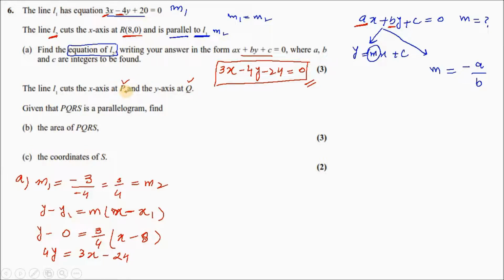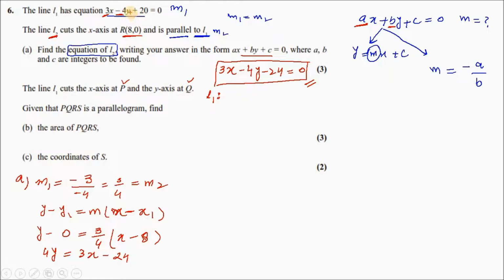If you put y equal to 0 in the given equation of L1, then we have the value of x, which is the x-intercept. I'm just sketching the curve so we can have an idea. So for L1, 3x minus 4y plus 20 equal to 0.